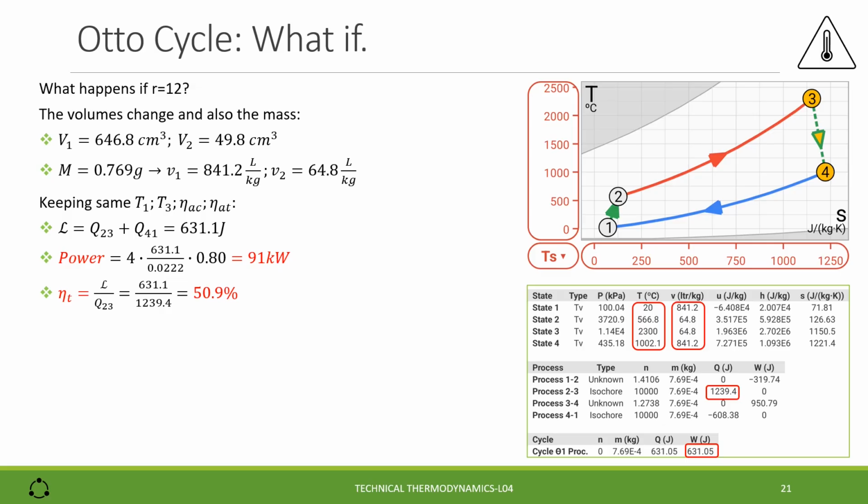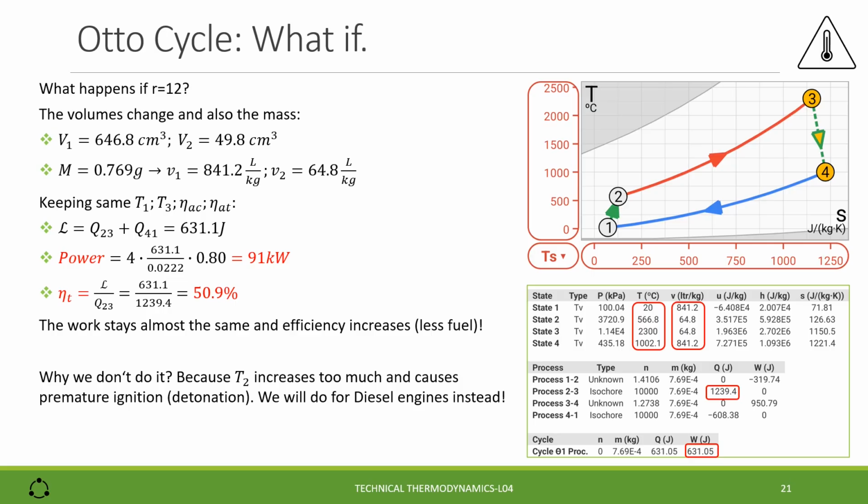nearly 51%. Also, it means that we need less fuel to do the same work. Why don't we do it? Normally, in the combustion motors working with the Otto cycle, we do not use these high values of volumetric ratio because the temperature T2 increases too much.